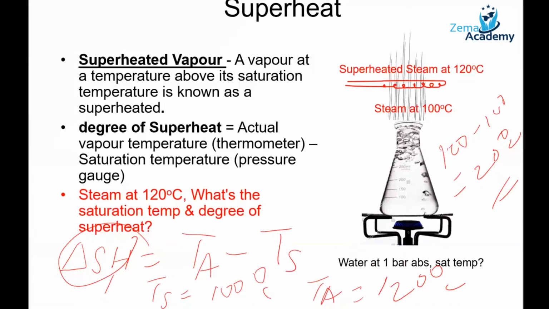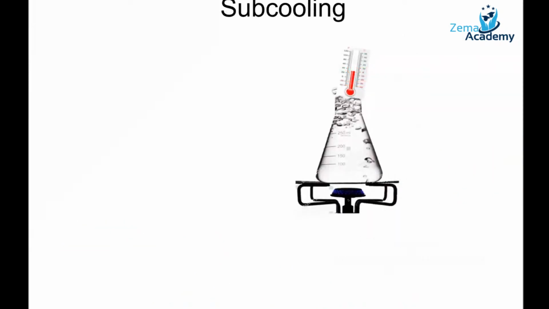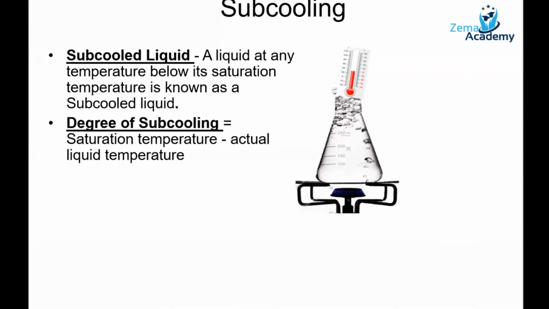So superheat, again, we will use it when we define our PH chart, where our superheat region lies. And the next one, similar to the superheat, is the subcooling. Again, this is the opposite end of boiling, which is the cooling.